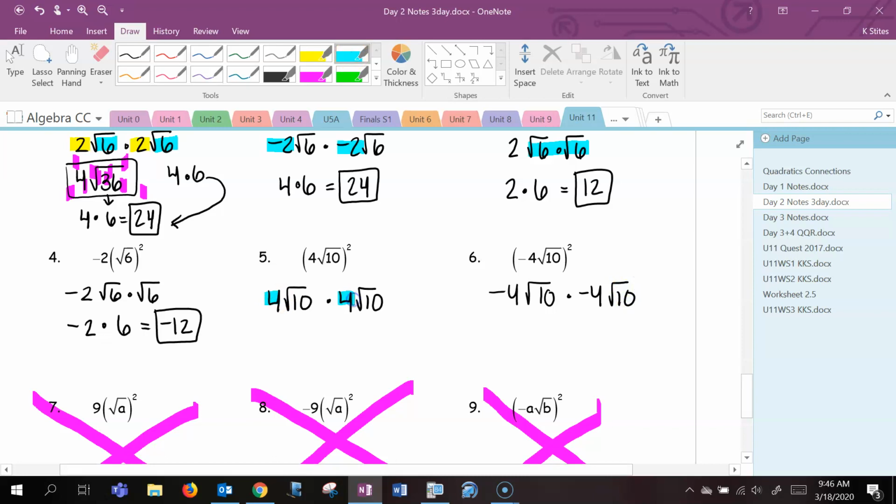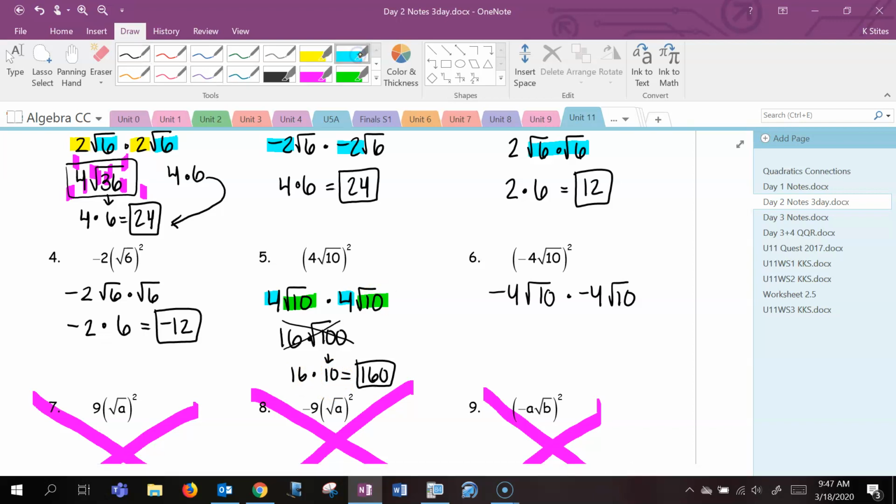Outside, 4 times 4 is 16 times, you can either say root 10 times root 10 is root 100, but then you're going to have to simplify. Root 100 is 10, 16 times 10 is 160, or we can just skip that step and say root 10 times root 10 is just 10. 16 times 10 is 160.